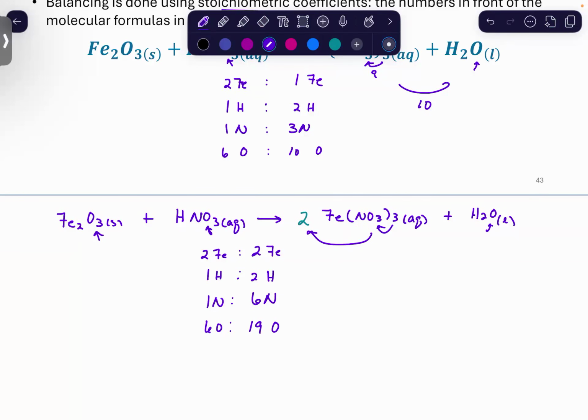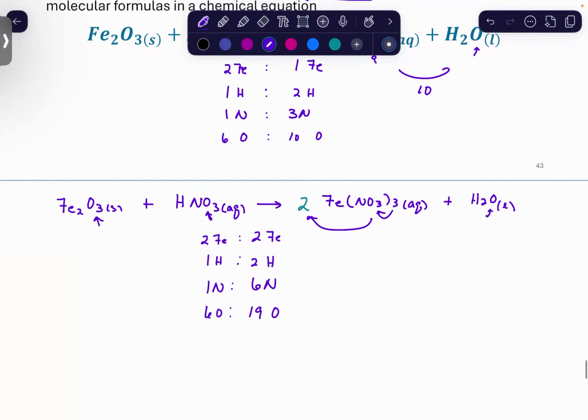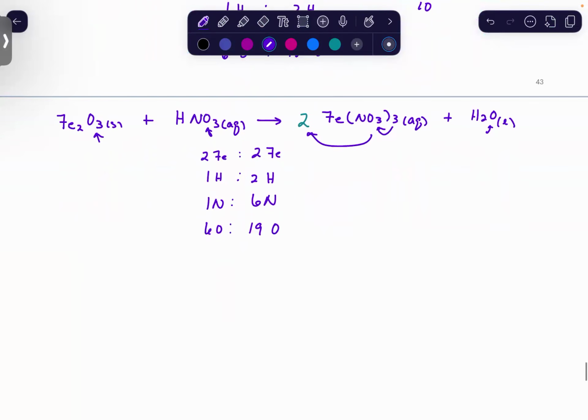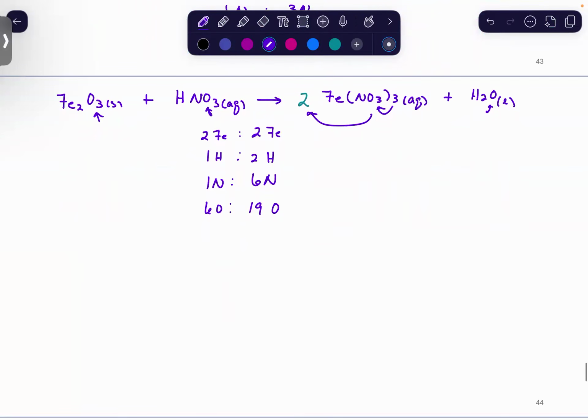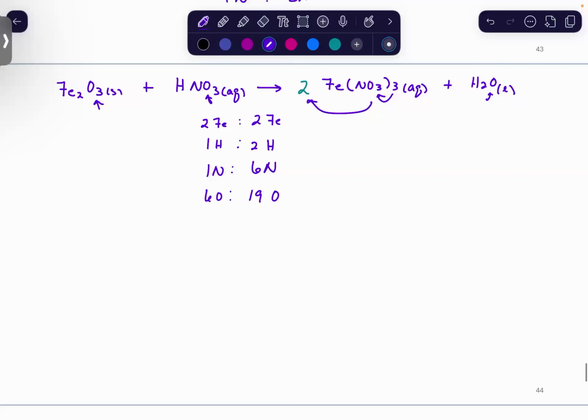Okay, the next one I chose to balance is my nitrogens. I have 1 on the left, 6 on the right. So that means I'm going to use a multiplier of 6. I want to try to leave my irons the way they are. I'm going to put a stoichiometric coefficient of 6 here.